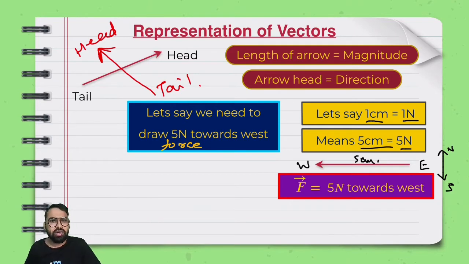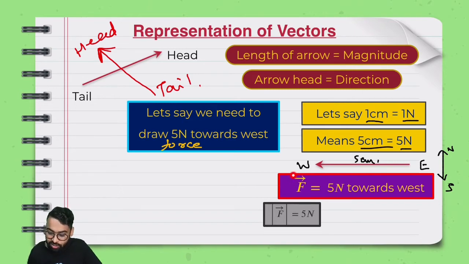You have drawn it completely correct, but if somebody wants to ask what is the magnitude, what is the direction, you can tell that individually as well. If I want to write down the magnitude of this vector, I put it between two bars, right?